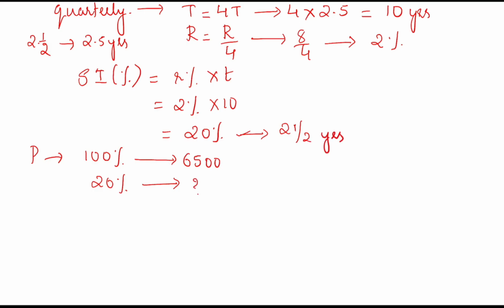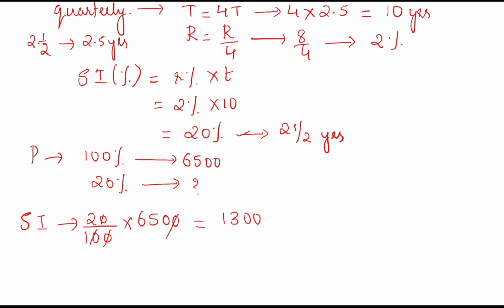We don't know. So 20 by 100 into 6,500. The zeros cancel, so it is 65 into 2, which is 130 and one more 0. So it is 1300. So SI we got is 1300.